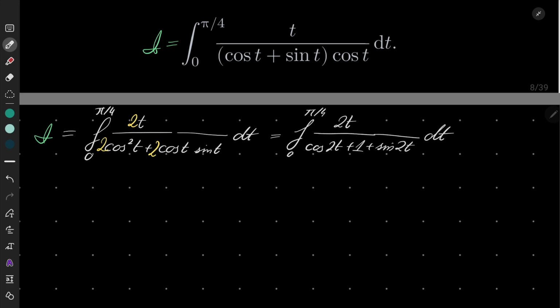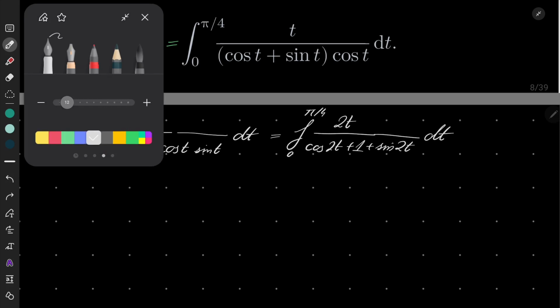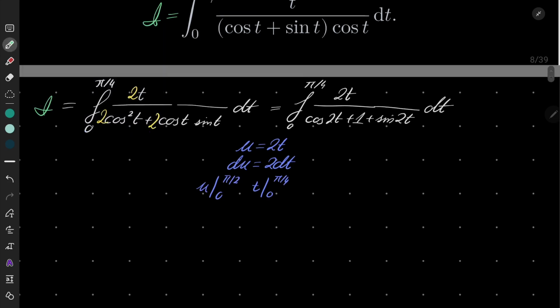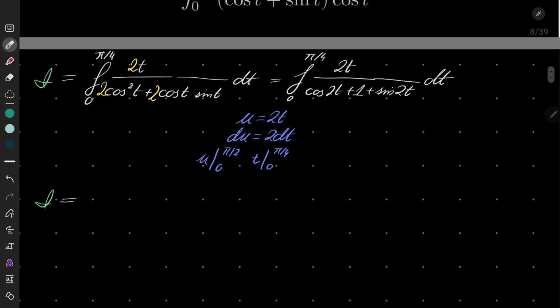Since we have 2t everywhere, we can make our first substitution. I will let u be equal to 2t, which means that du equals 2 dt. And what about the bounds of integration? Since t goes from 0 to pi over 4, u goes from 0 to pi over 2, obviously. So our integral can be written as the integral from 0 to pi over 2.